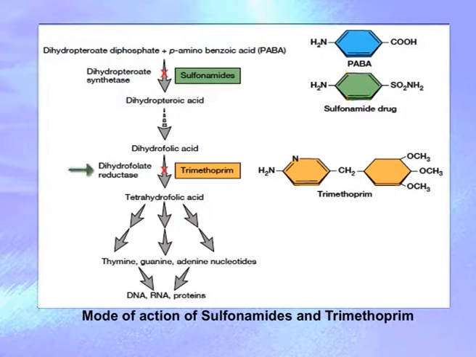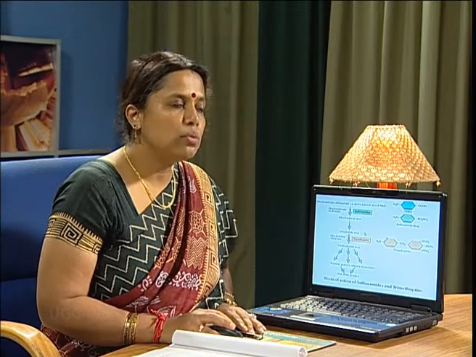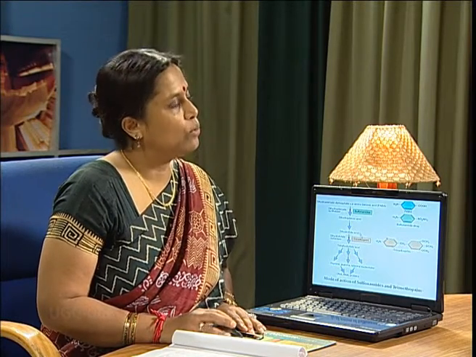Similar is the case with dihydrofolate reductase. The plasmid-coded dihydrofolate reductase has lost its binding affinity towards trimethoprim. It only binds to dihydrofolic acid. Thus, the plasmid-coded enzymes are responsible for overcoming the stress created by sulfonamides and trimethoprim.